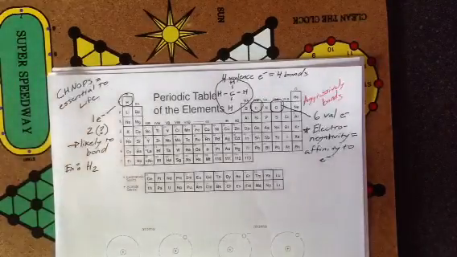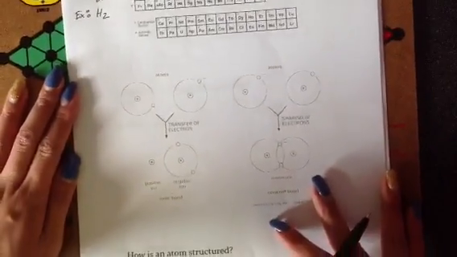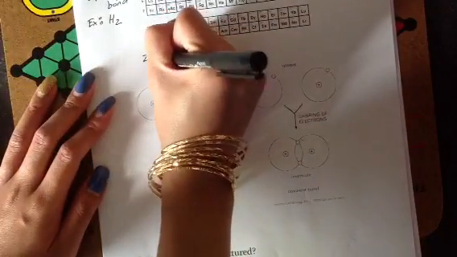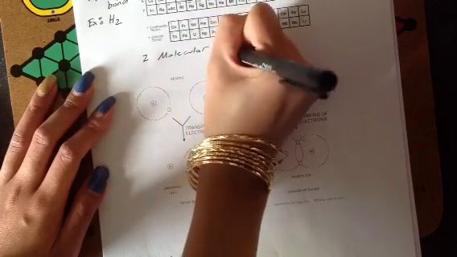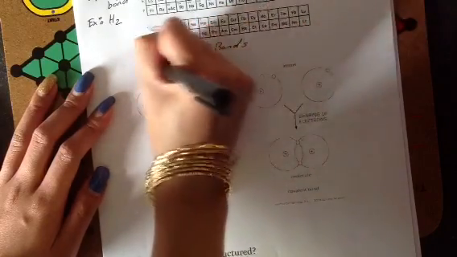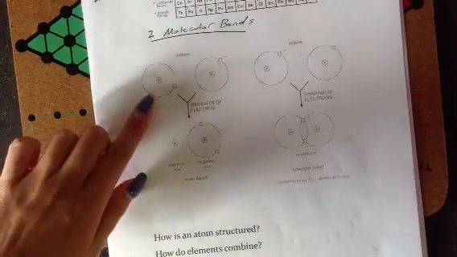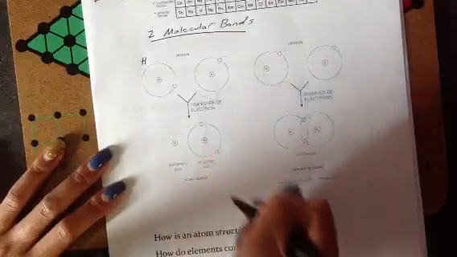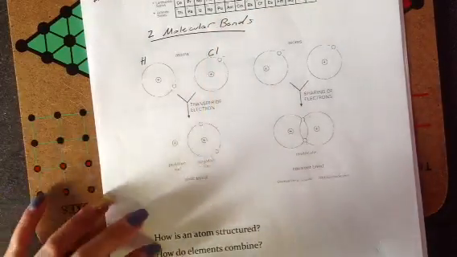Okay? And when these molecules are bonding, there's actually two types of bonds that we want to focus on. So these are two types of molecular bonds. This first picture right here is going to represent a hydrogen atom, and the second is going to represent a chlorine atom.